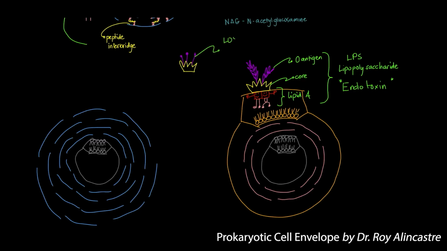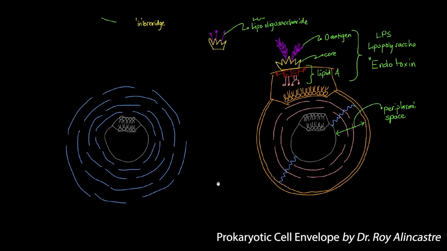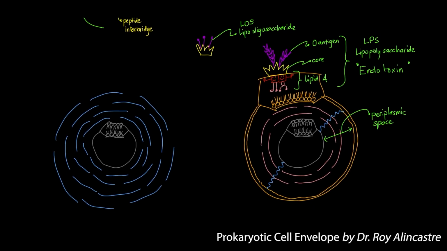If so, they are called lipo-oligosaccharides or LOS instead of LPS. Then also, the outer membrane is actually connected to the peptidoglycan layer by molecules of an unusual lipoprotein. This lipoprotein is also the most abundant protein in this kind of cell. But there is a space between the inner membrane and the outer membrane with a peptidoglycan layer in between. And this space is called the periplasmic space.